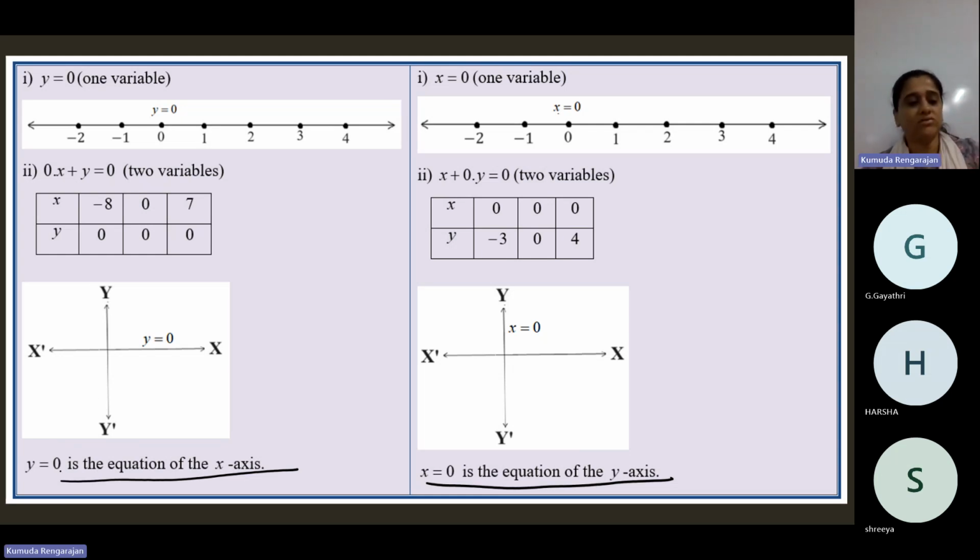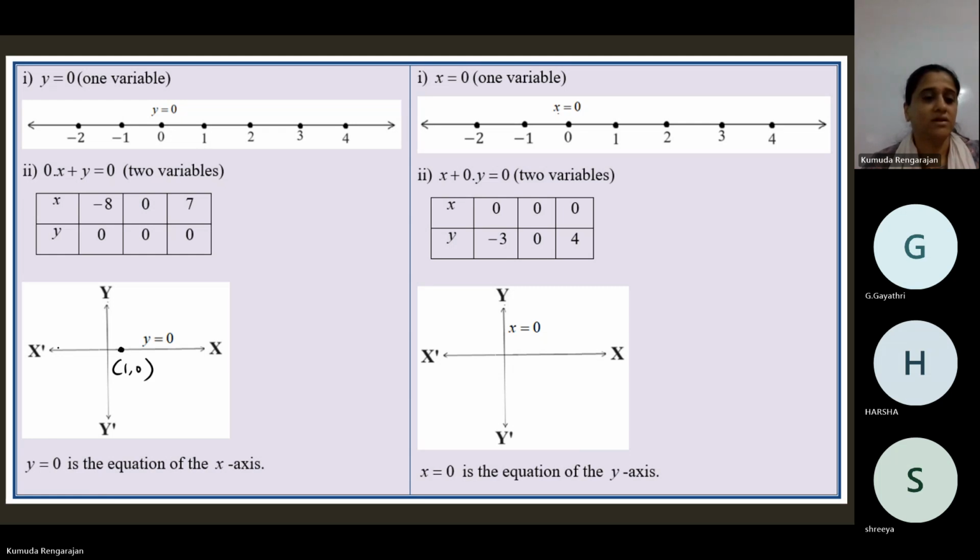See, otherwise also it's easy to remember. What's the address of this point? Okay, minus 6, 0.